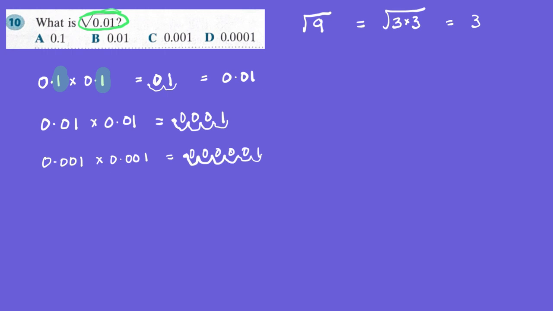It's no good. And if I did D, which has 3 zeros, that's 4 decimal places, altogether 8 decimal places. So I would need to go back 1, 2, 3, 4, 5, 6, 7, 8 places.